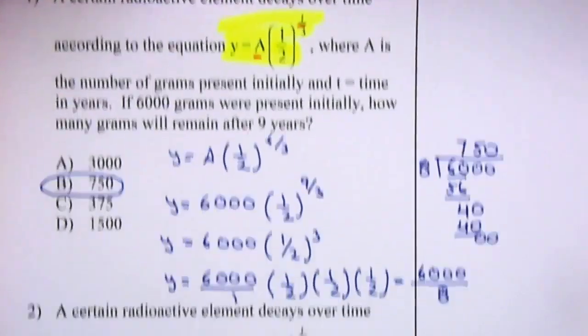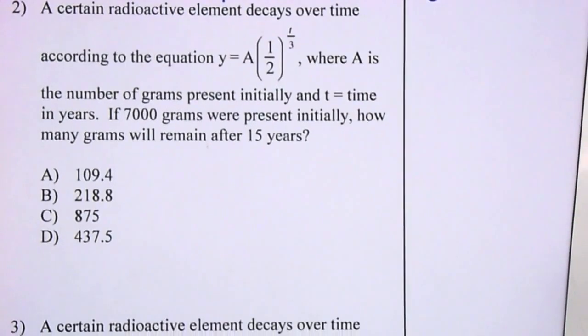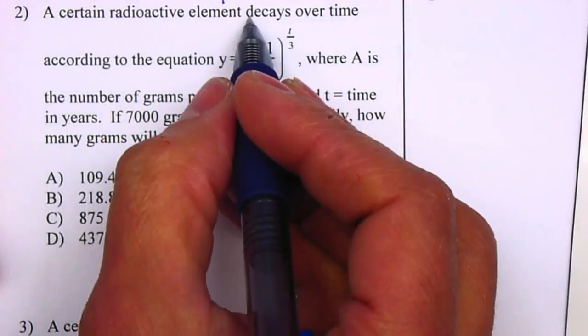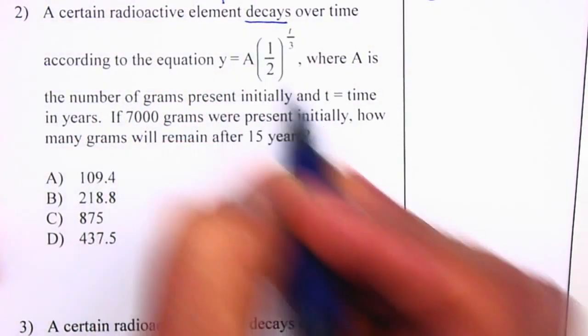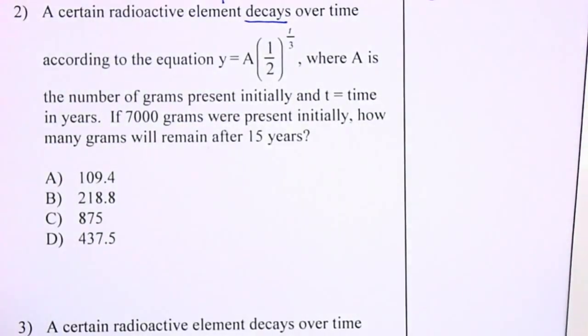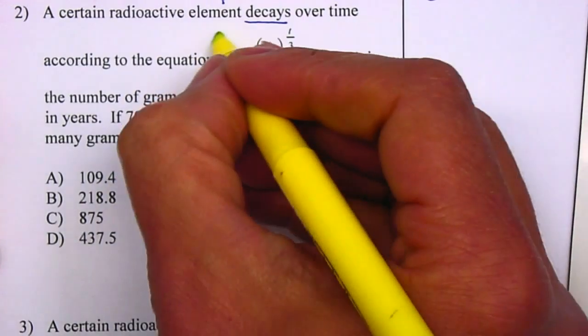Let's go over another example. A radioactive element decays, so it's an exponential decay, it's 1/2, over time according to the following equation. So they give you an equation that you need to work with.